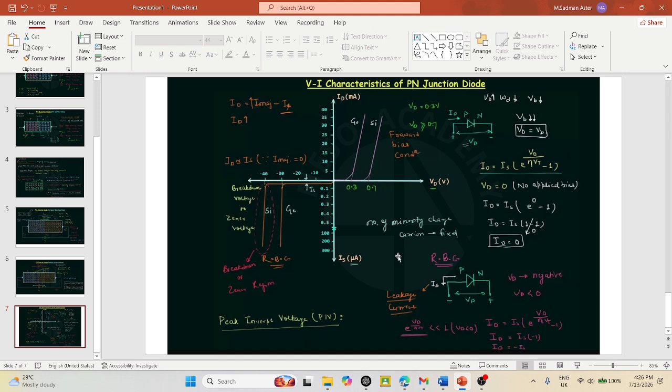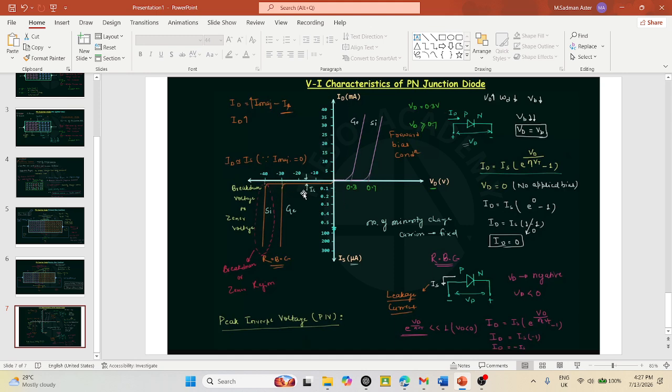As said previously, during reverse bias a small minority charge carrier flow causes a current known as reverse saturation current or leakage current, which depends only on the temperature. Initially we get a small current in the microampere range.